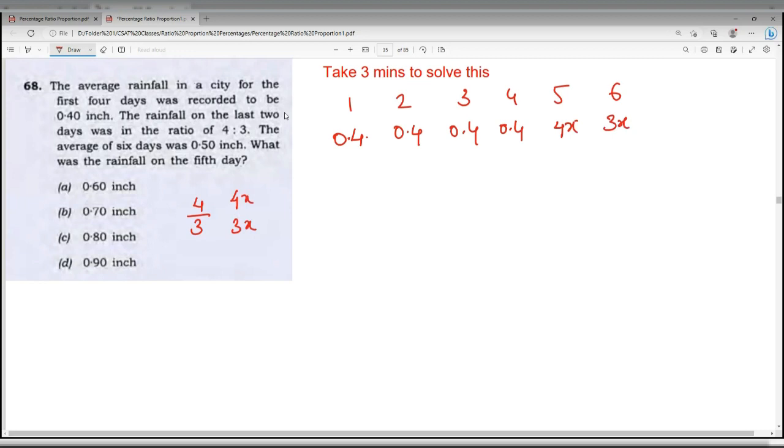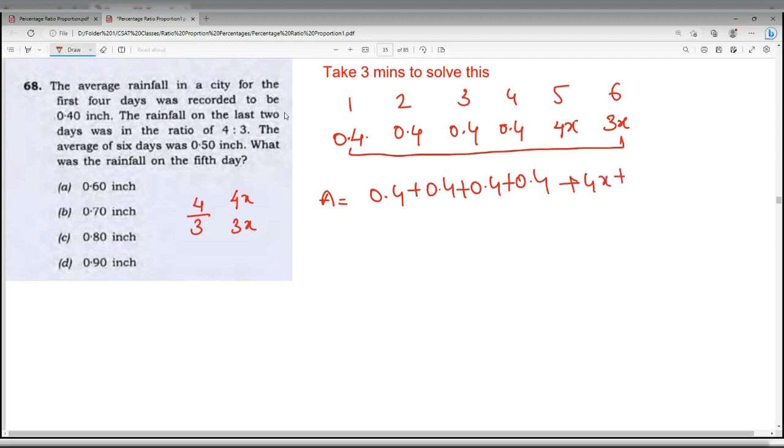Then they are saying the average of all these 6 days was 0.5. So the average of all the 6 days would be the total amount of rain, that is 0.4 plus 0.4 plus 0.4 plus 0.4 plus 4x plus 3x.